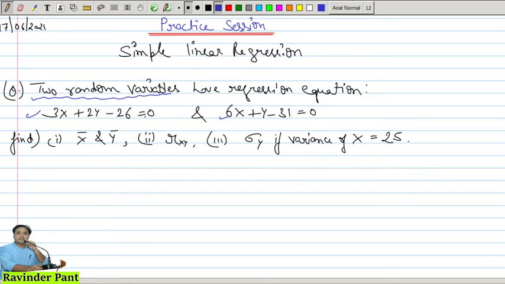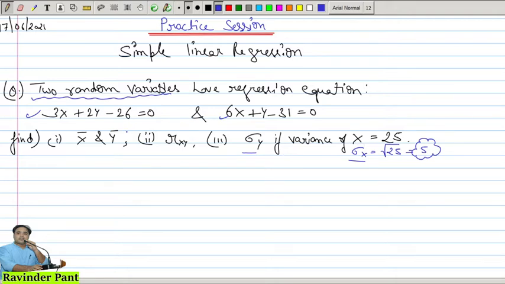We need to find the mean of both variables, the correlation between them, and the standard deviation of y when the variance of x is given. The standard deviation of x is the square root of 25, which is 5. So when the standard deviation of x is given, we need to find the standard deviation of y. Okay, how do we do it?